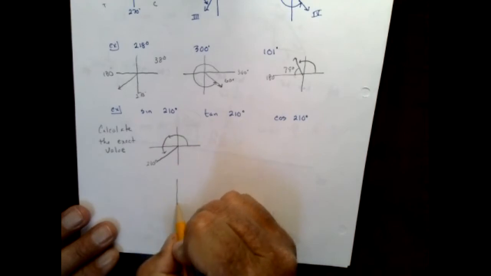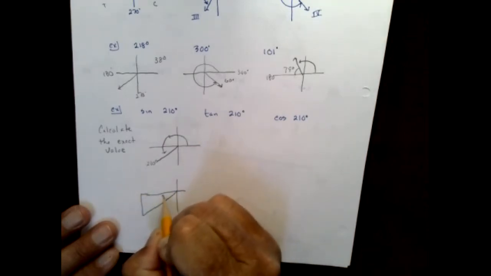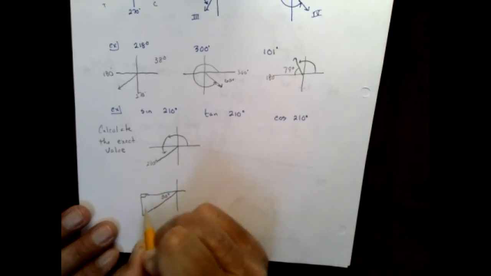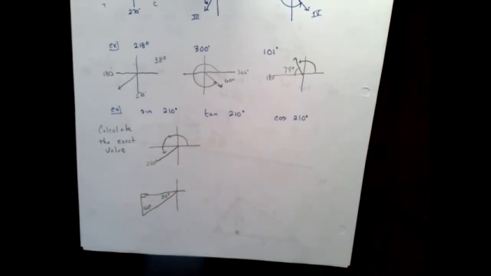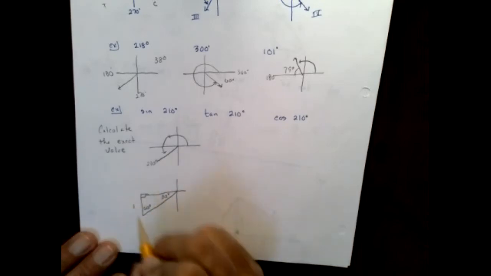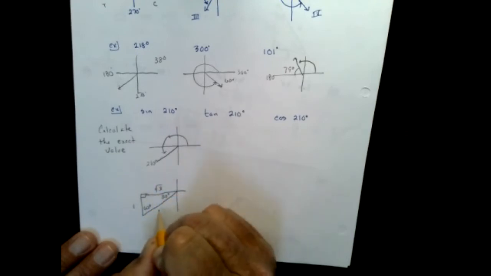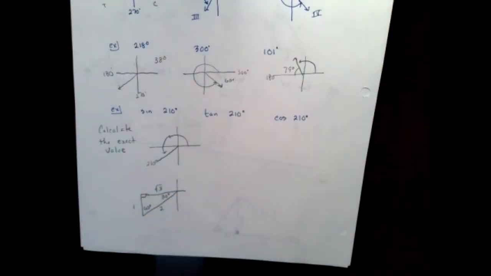Yep. So now I'm looking at this. Here's 30, then I know this is 60. And now I quickly go, opposite 30 is 1, opposite 60 is the square root of 3, and the hypotenuse is 2.